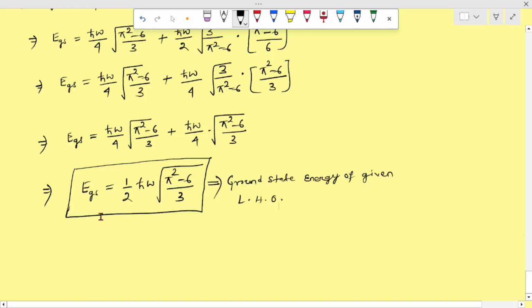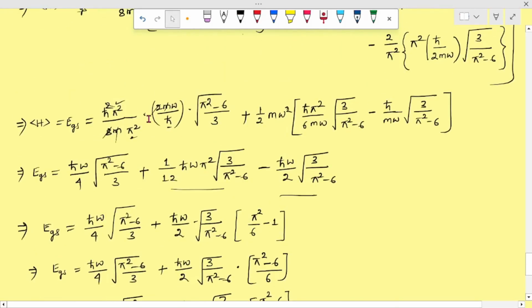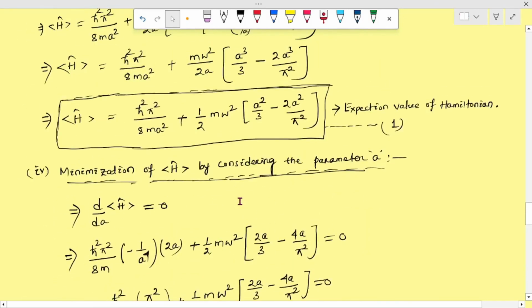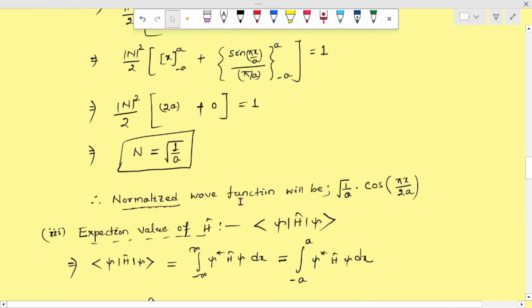Okay, so here I suggest that you remove these calculation steps, no need to write them. Here I wrote them for your practice, you just remove the calculation part in your exam.